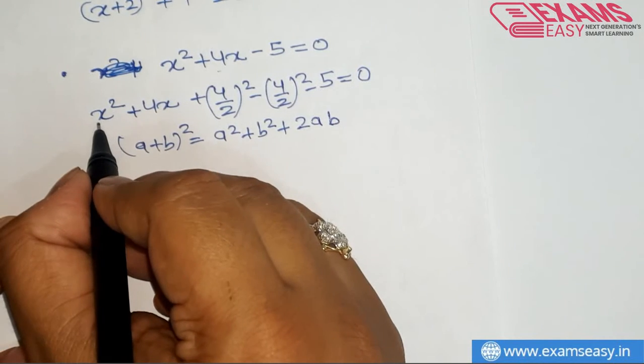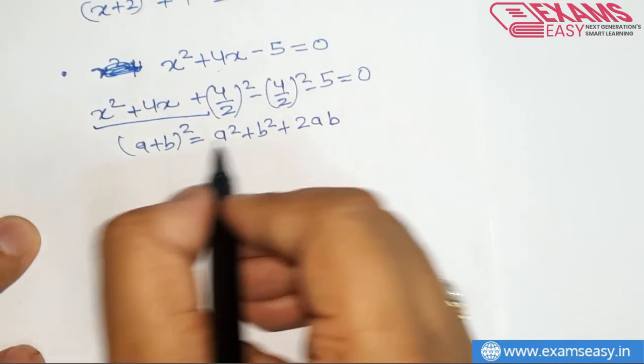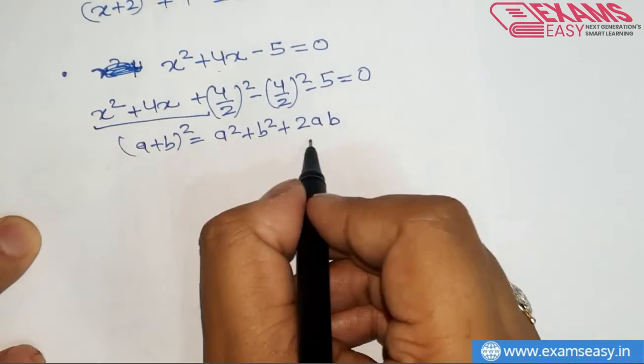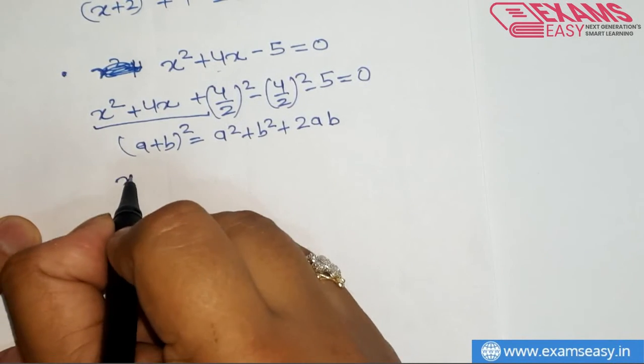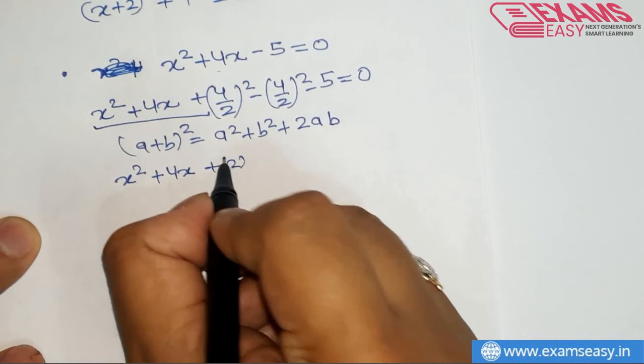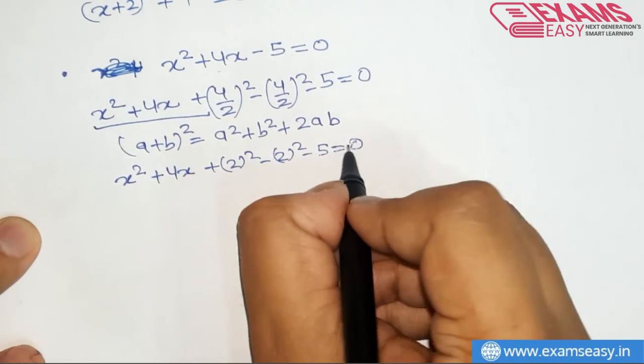Now here we can use the first three terms to make this identity, and first simplify this term, then we will make this identity. It will become x square plus 4x plus 2 square minus 2 square minus 5 is equal to 0.